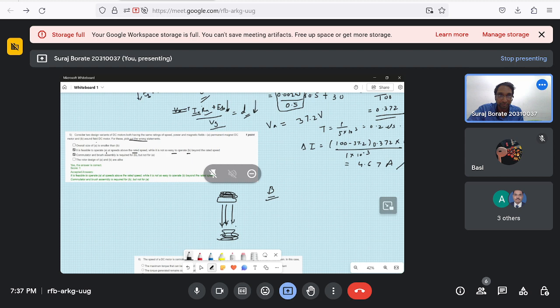So the switching frequency is decreased, which means capital T is increased. If T increases and D has to remain constant, T on should also increase, right?